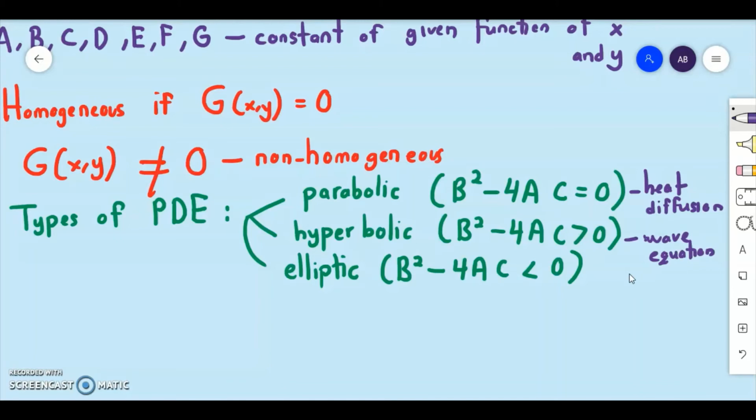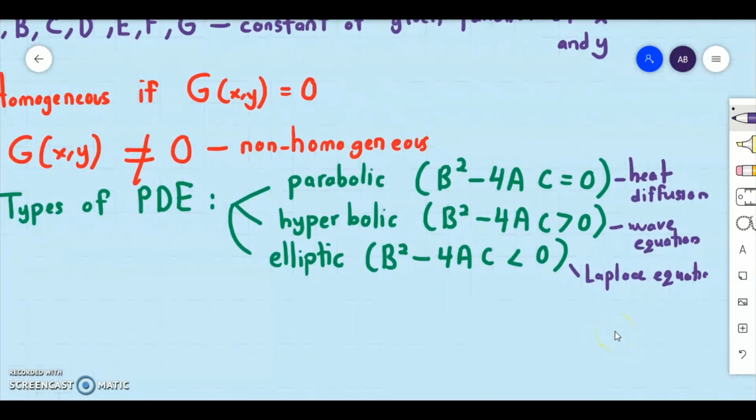Now for elliptic equations, you can have the Laplace equation, and you can even read more about the Poisson equation. And then we can also have the Helmholtz equation. Not sure I'm pronouncing it correctly, but these are examples of these types of equation.